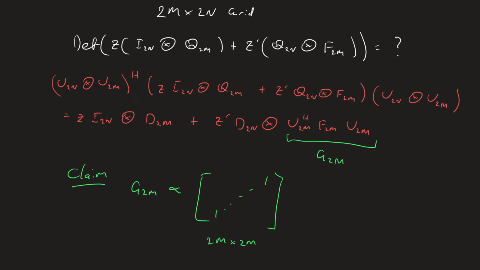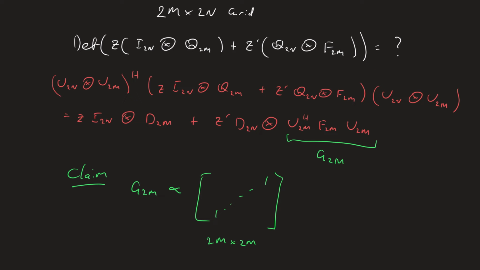The first term, which relates to vertical tiles, is the identity matrix Kronecker-producted with Q of 2m, and the second term, which concerns horizontal tiles, is Q of 2n Kronecker-producted with a matrix F of 2m, which is just a diagonal matrix whose diagonal entries alternate -1, 1, -1, and so forth.